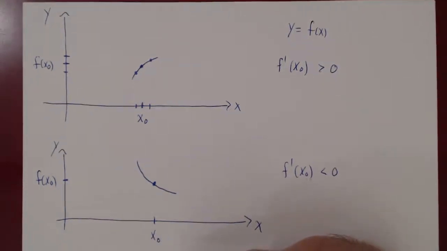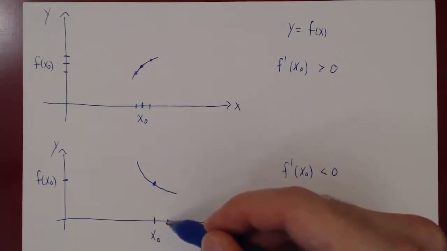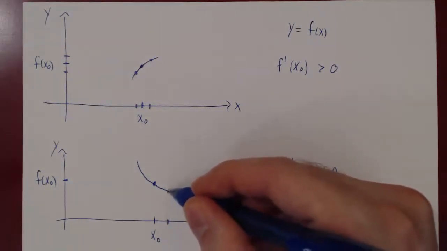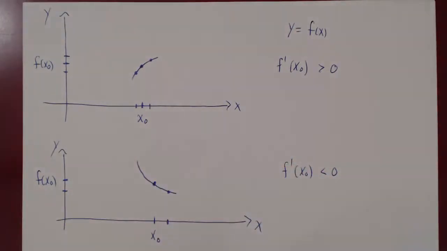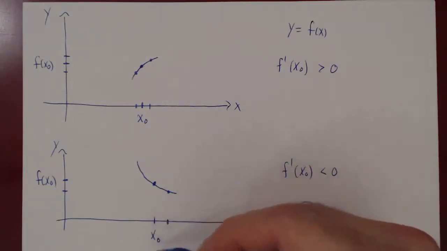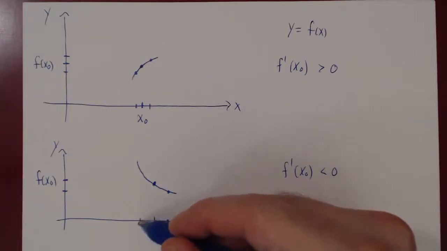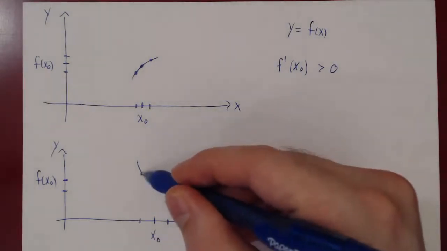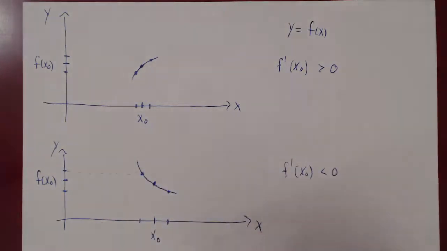Well, clearly it can't be an absolute minimum. If you go to the right of this point, clearly f attains an even smaller value than at x0. And if you ask, could this point be an absolute maximum? Go to the left, and clearly the function attains an even bigger value than it did at x0.